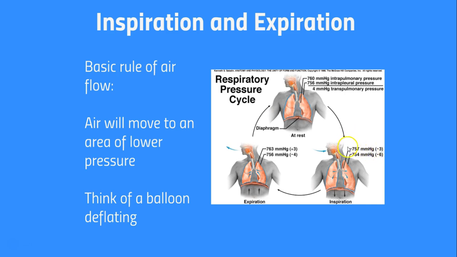How have we achieved this? The moment we get this pressure lower than the outside air pressure, air starts to flow into the lungs. Contrary to popular belief, your lungs don't inflate because air flows into them. Your lungs need to increase in size before air flows into them, and it will draw air in.